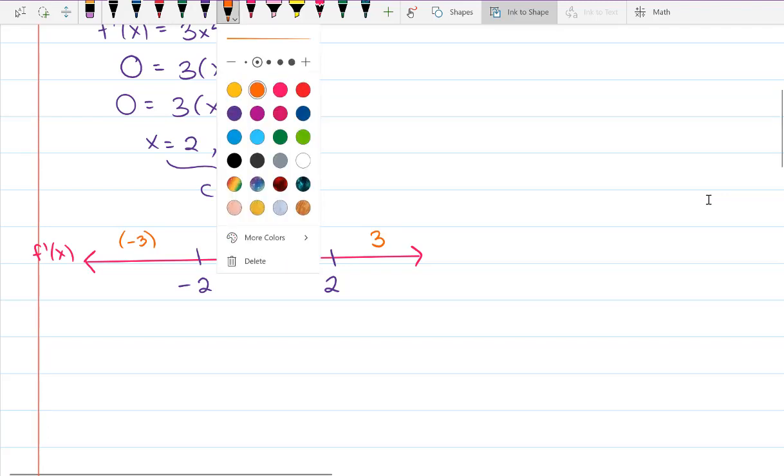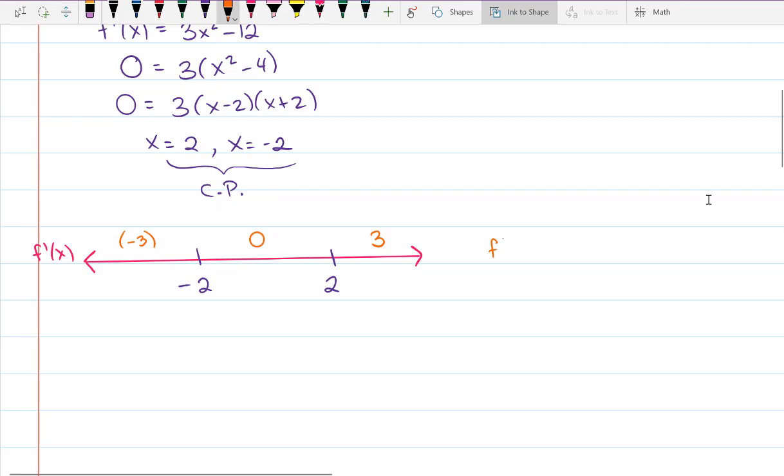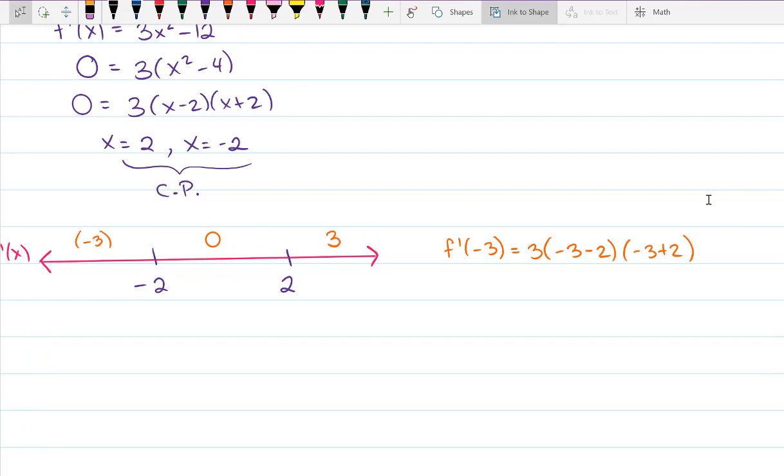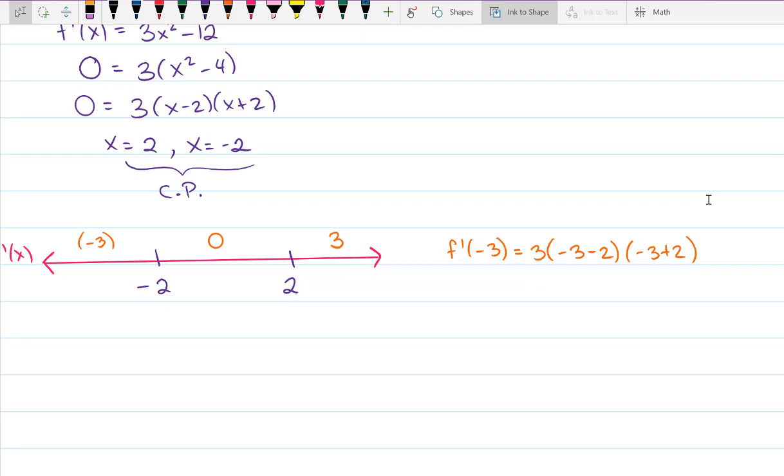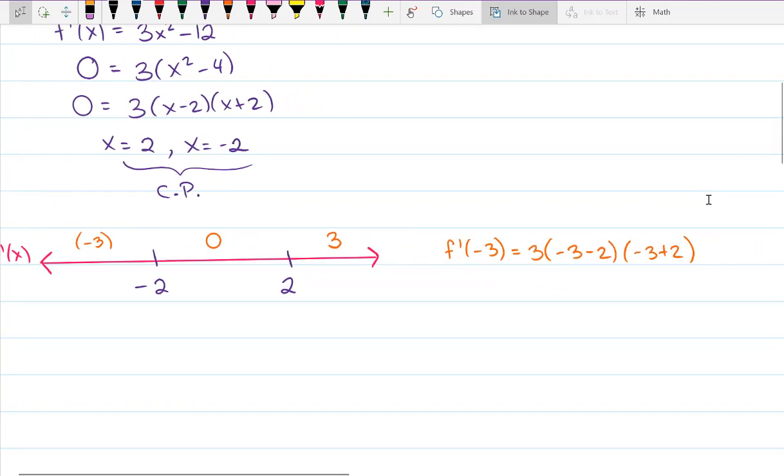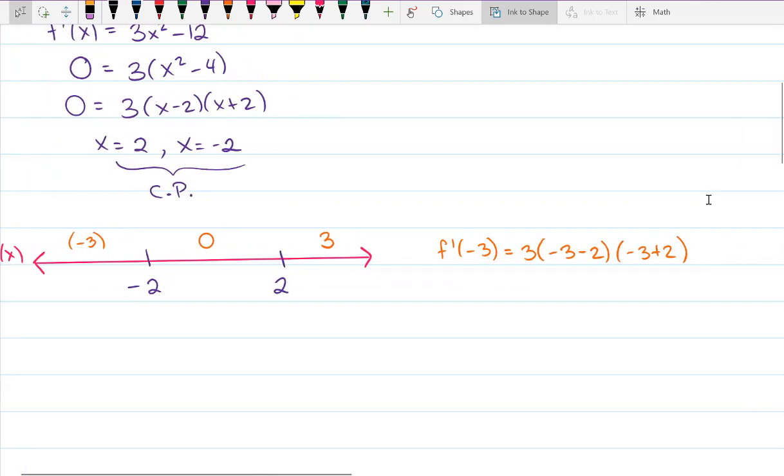So then we just plug these values into the derivative, and you get f prime of negative 3 is 3 times negative 3 minus 2 times negative 3 plus 2. And notice I'm plugging them into the factored form because I don't actually care what the value is. I just care if it's positive or negative.